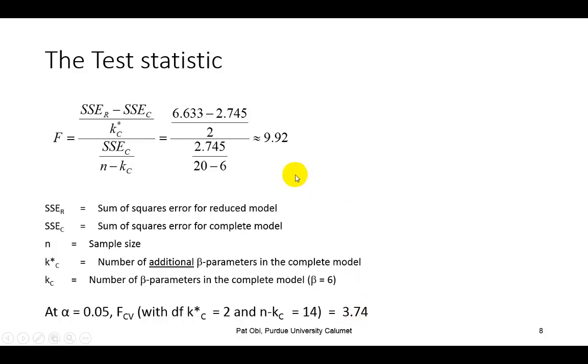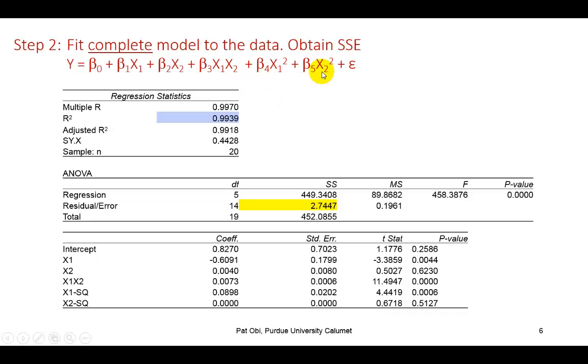As you can see, since the calculated F value exceeds the critical value, we must reject the null hypothesis that there is no significant reduction by the introduction of those two curvature terms, and accept the alternative that the introduction of these two curvature terms does in fact significantly reduce the unexplained variation in the model measured by sum of squares error.